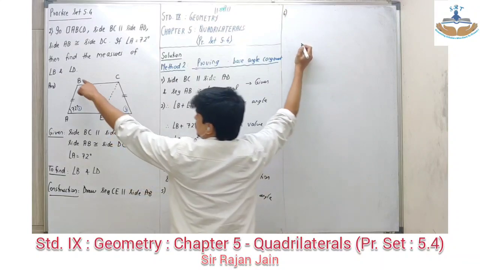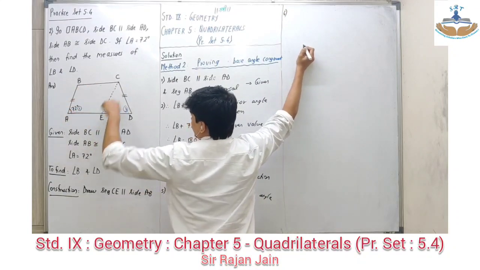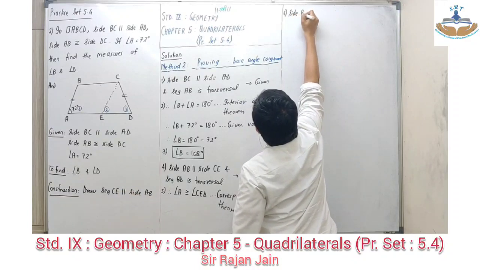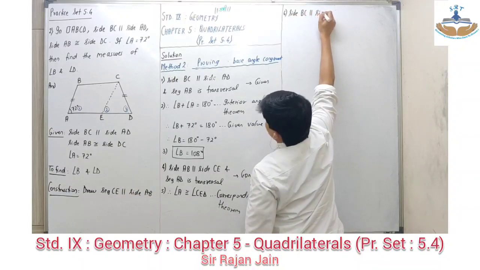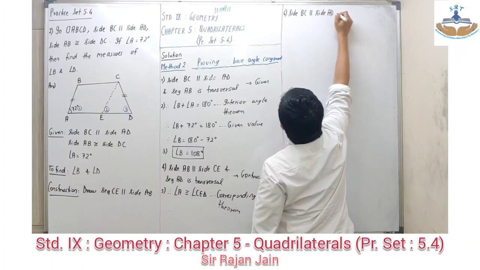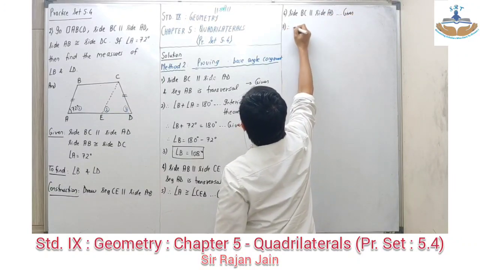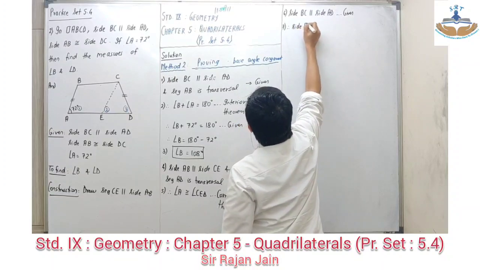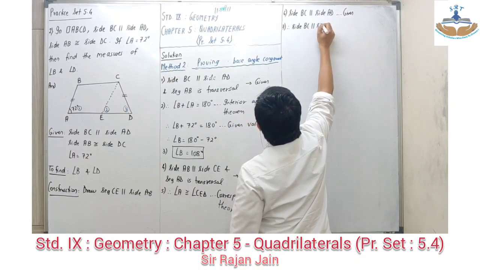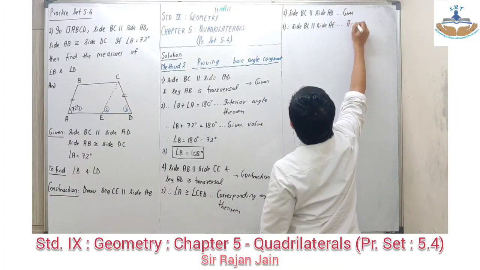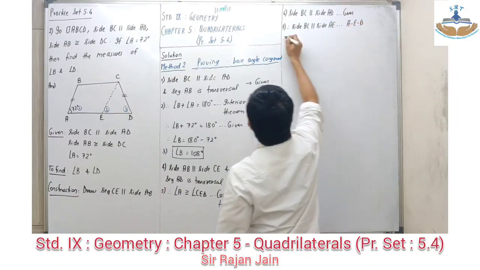Now I will prove that this quadrilateral is a parallelogram. See how I write that. I'll say that side BC is given parallel to side AD. Reason given. Therefore, I can say that side BC has to be parallel to side AE. In place of AD I wrote AE. Reason A-E-D.